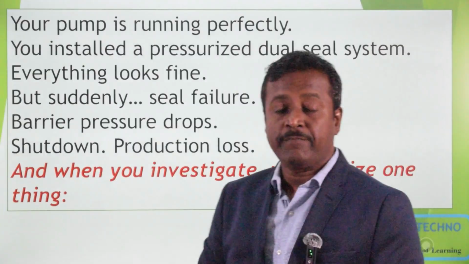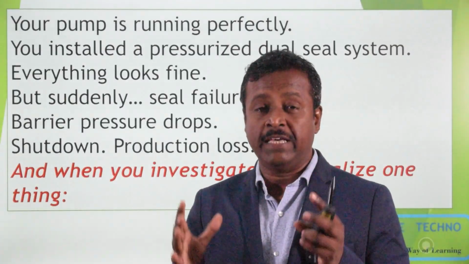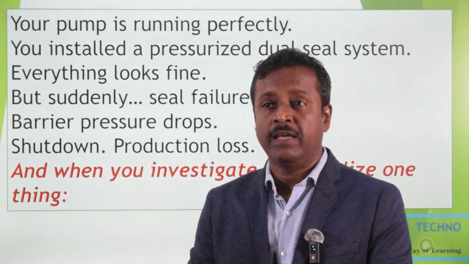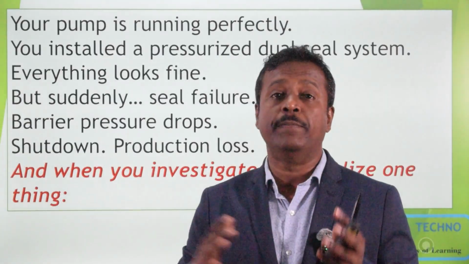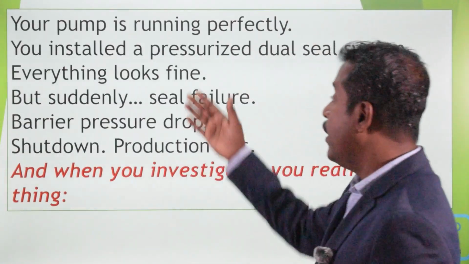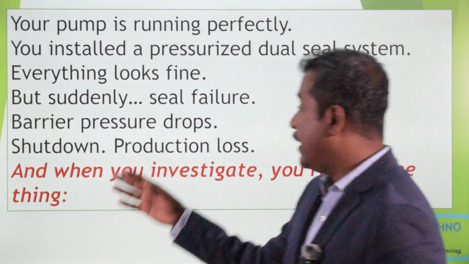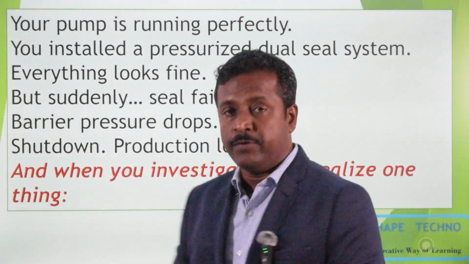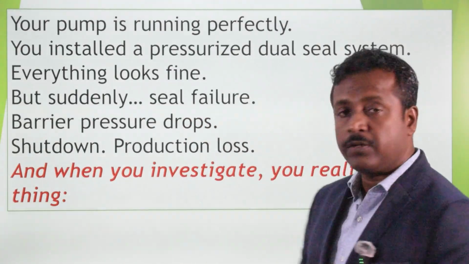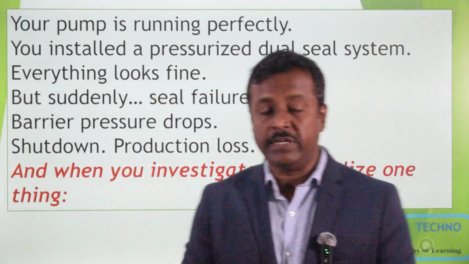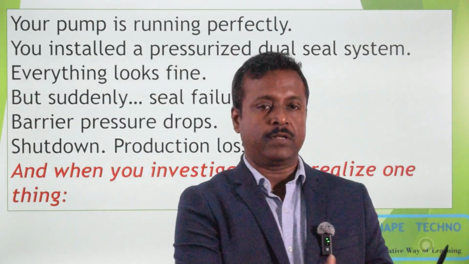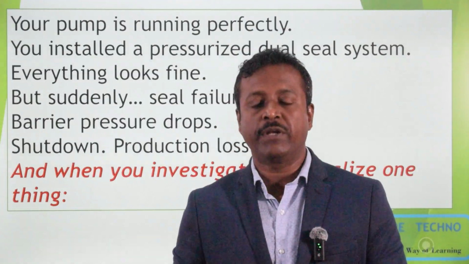Your pump is running perfectly fine with a barrier liquid sealing plan, maybe 53A or 53B. And all of a sudden, your seal fails and subsequently your plant shuts down, causing production loss. When you investigate that particular seal failure, what do you find?